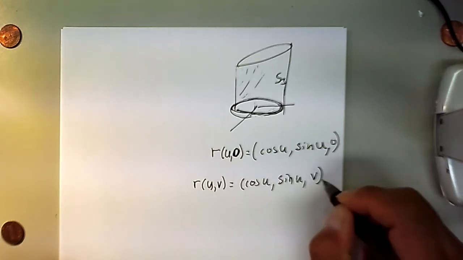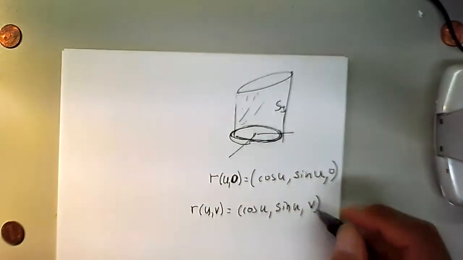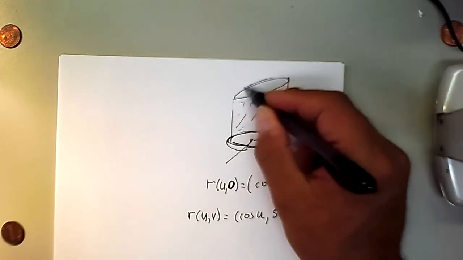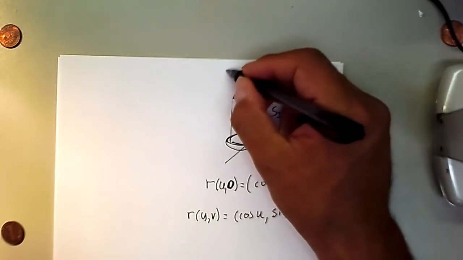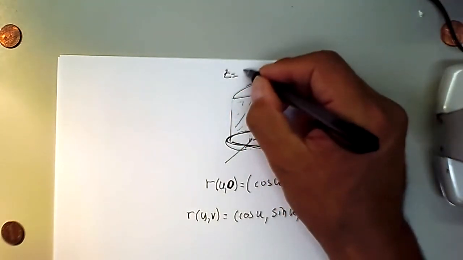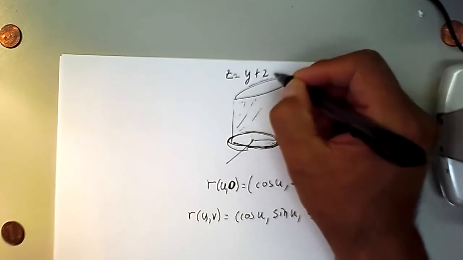The trick here is that V is going to be bounded by 0 and this top. Now remember, that top was Z equal to Y plus 2.